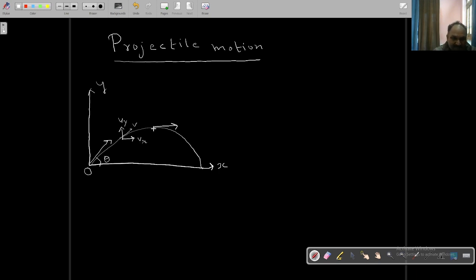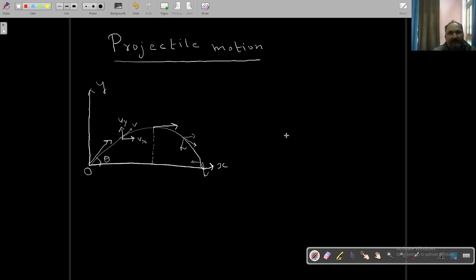This will be the maximum height reached by the projectile. Similarly, at this point also we can always have velocity in x and y direction. The resultant velocity will be tangent to this. At the time of hit also we can find x component and y component.